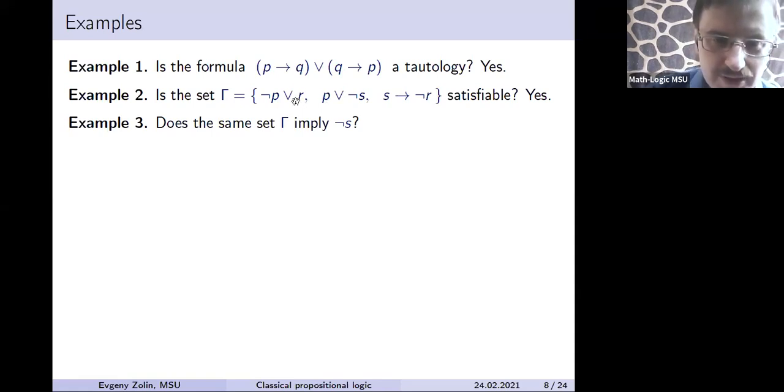P implies R, and therefore S implies R. But we also have S implies not R. What do we have then? Does this imply not S?